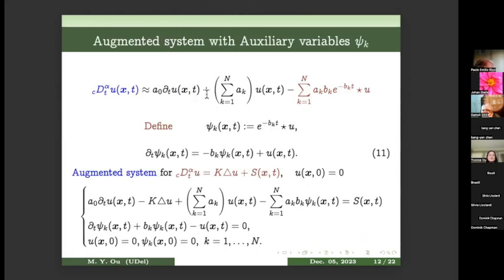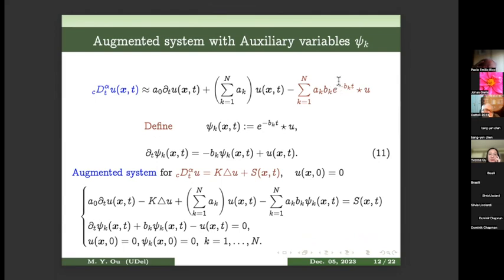So once I have this, we go to the auxiliary variable. So now with the Caputo derivative, I write back to the time domain. And then at this point, it's very clear what I should do. So I will just call this, I still have the memory term, but this time the kernel is much simpler.